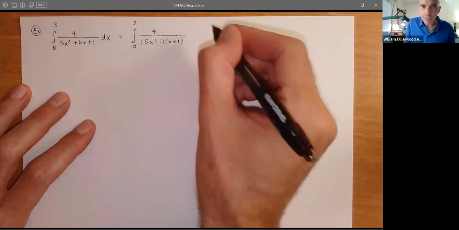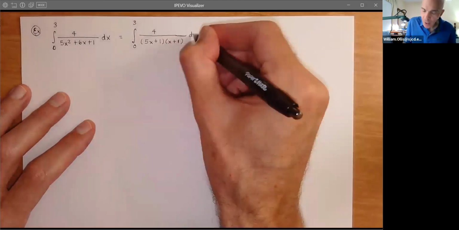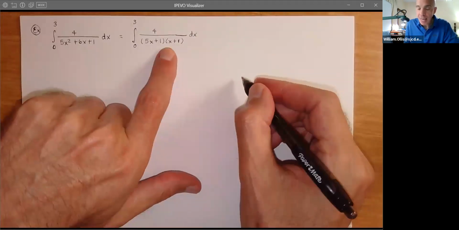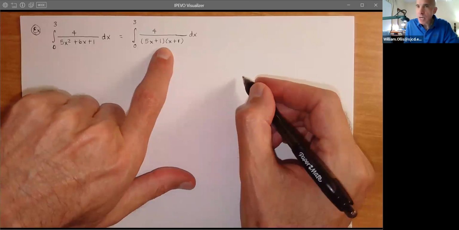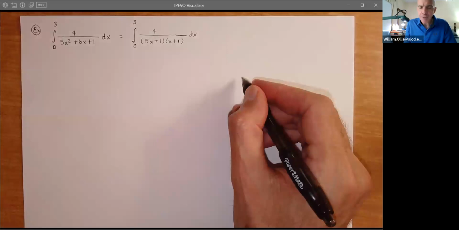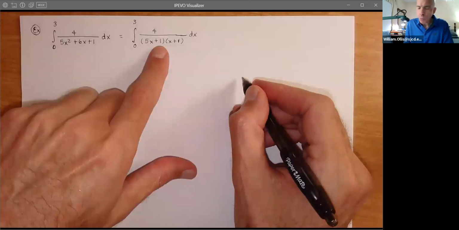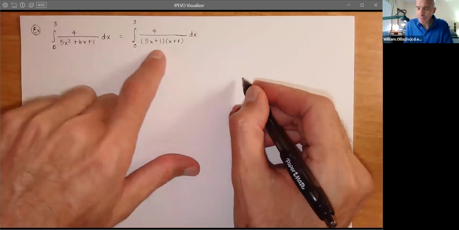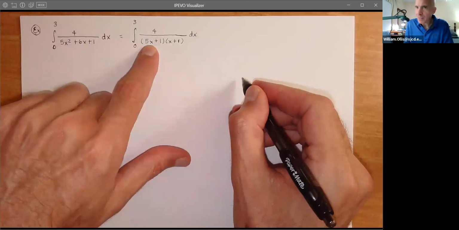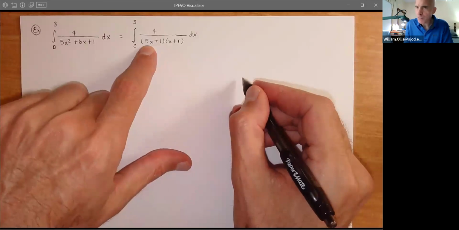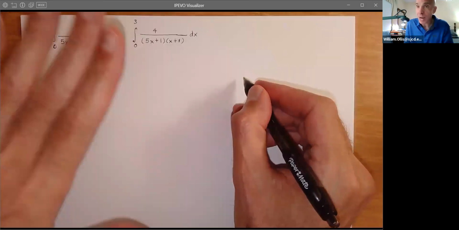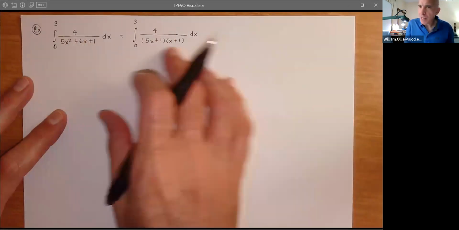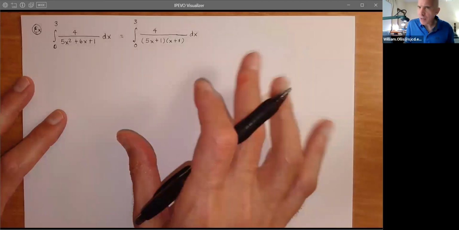Now, I like to factor things to death, but when we're working on problems like this, it's probably best to keep all of the numbers in the factors. You might want to factor that 5 and get x plus 1/5, and that's fine. You want to think that way when we actually try to decompose. But just as a word of caution, let's keep everything within the factors here, and I think we'll be okay.